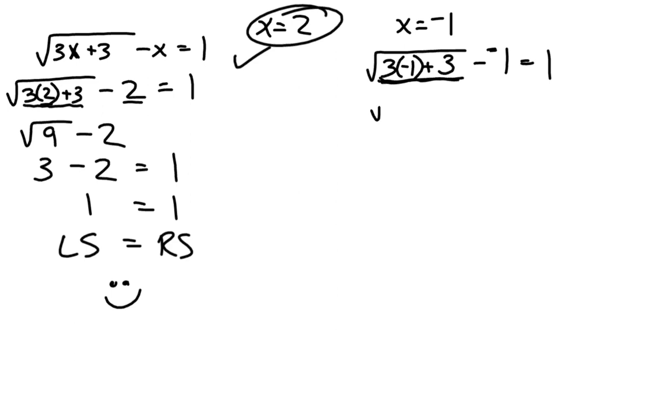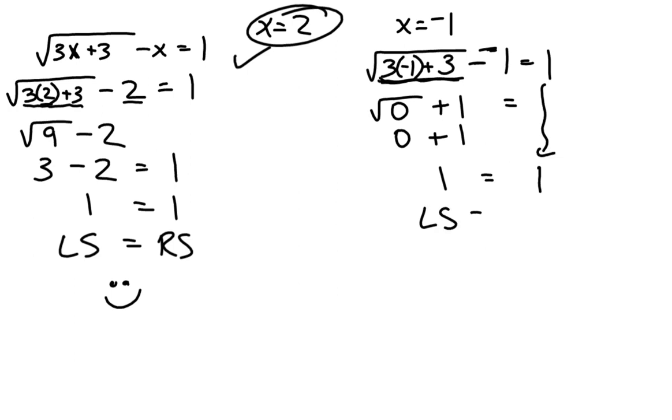Negative 3 plus 3, we have root 0. Minus negative 1 is really plus 1. 0 plus 1 is 1. That right side is 1. So again, left side equals right side. X equals negative 1 is correct.